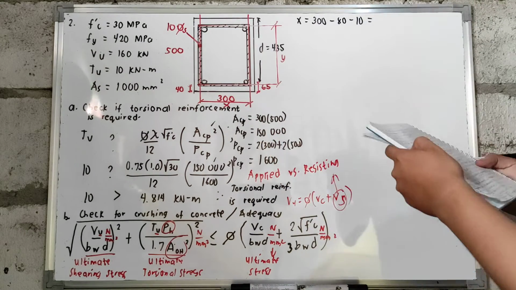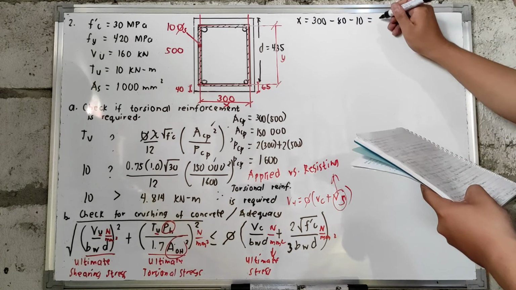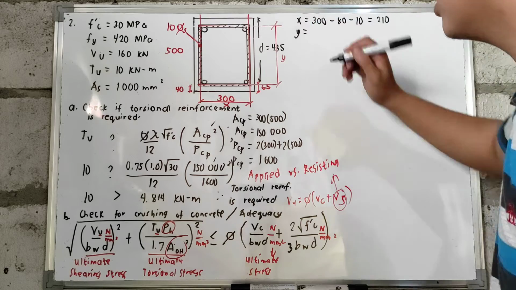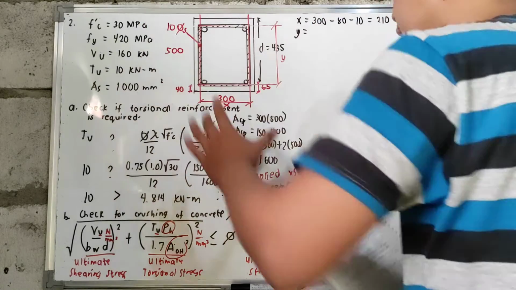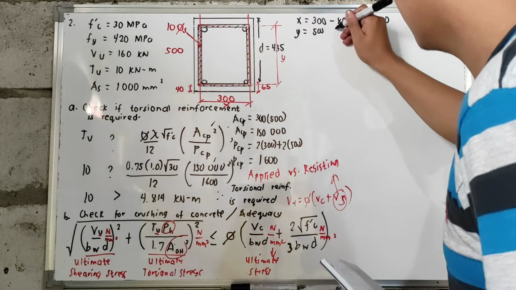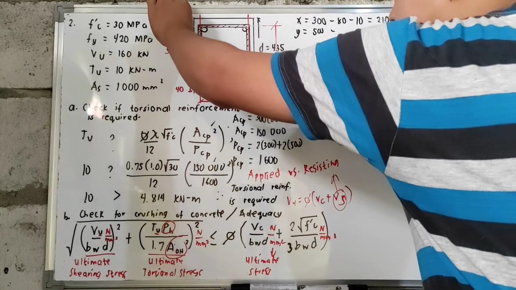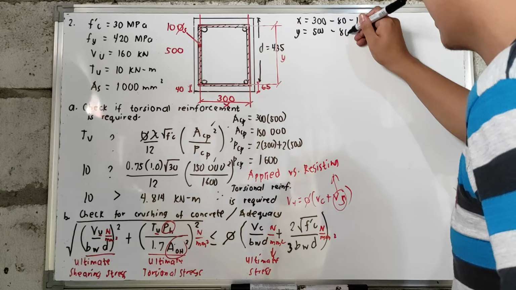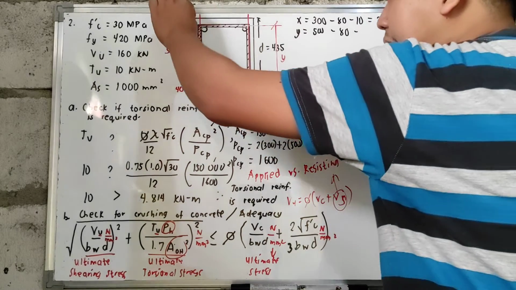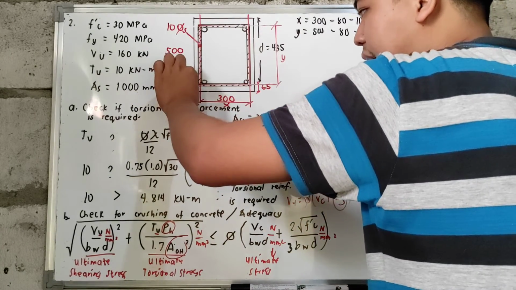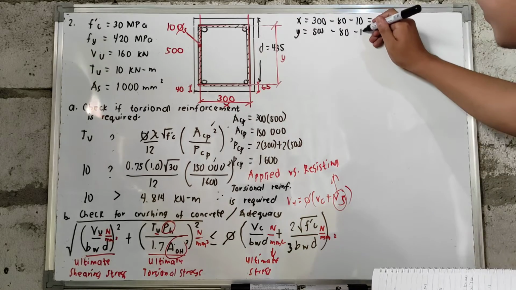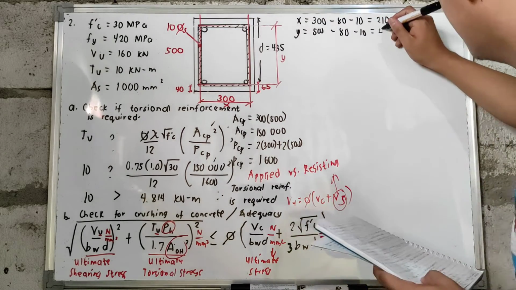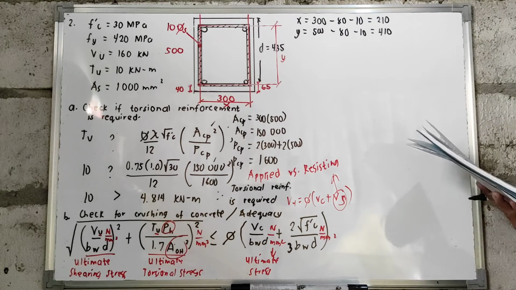So, the value of your x will now equal to 210. How about the value of your y? So, that will be yung total depth natin na 500 minus clear concrete cover 40 minus clear concrete cover 40. So, you have minus 80, minus kalahati ng stirrups 5, minus kalahati ng stirrups 5. So, you have 10. So, the value of your y is now equal to 410.